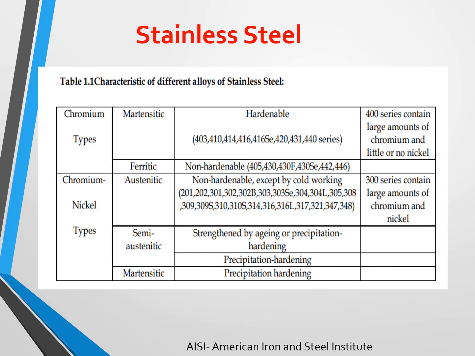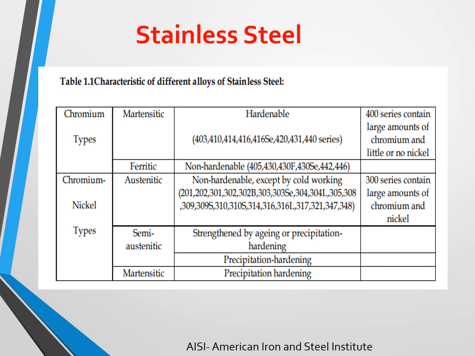And here you can see the characteristics of different alloys of stainless steels, with types: ferritic, austenitic, semi-austenitic, martensitic. Chromium types of stainless steel have different grades: 403, 410, 414, 416, 431, 440 series. So the 400 series contains large amounts of chromium and little or no nickel.